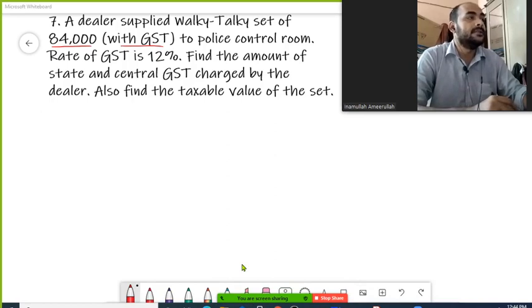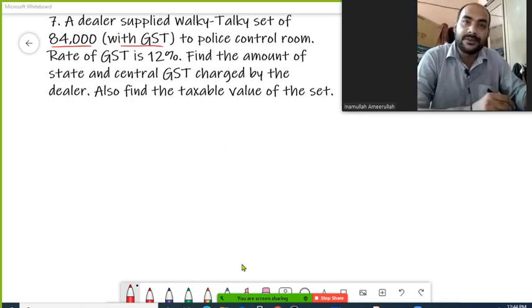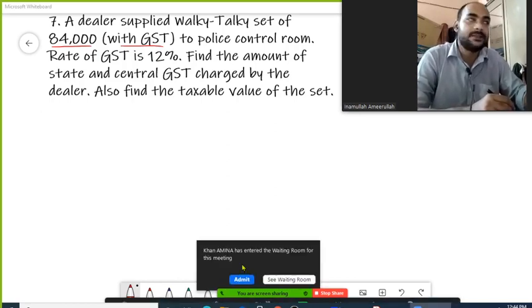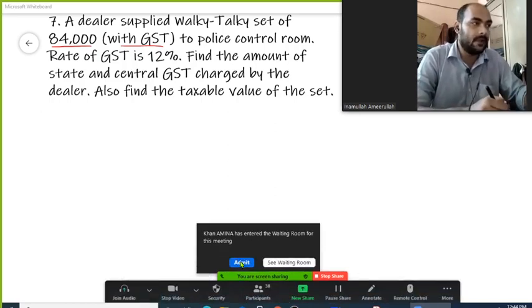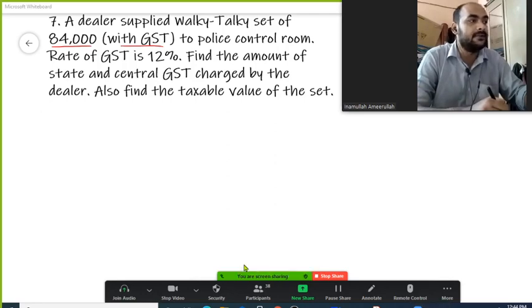So this 84,000 already includes the GST amount. So we need to find out the taxable value and CGST and SGST for this question. In order to do that, we need to solve this question in reverse manner. First I'll consider x, or any unknown variable, for the taxable value.